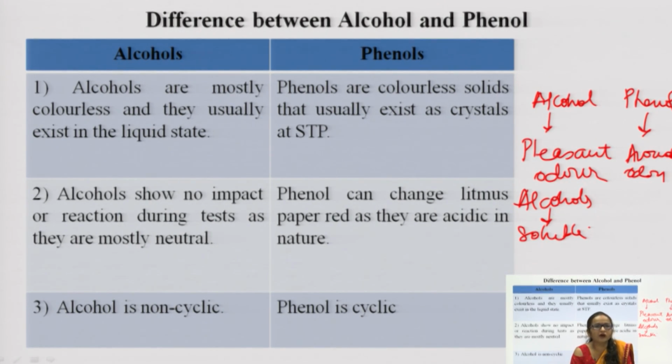So, these are the differences: alcohols are colorless, phenols exist in solid state; alcohol shows no effect on blue litmus, phenols turn blue litmus red; alcohol is non-cyclic, phenol is cyclic; alcohol gives a very pleasant odor, phenol gives an aromatic odor; phenol is sparingly soluble and alcohol is soluble.